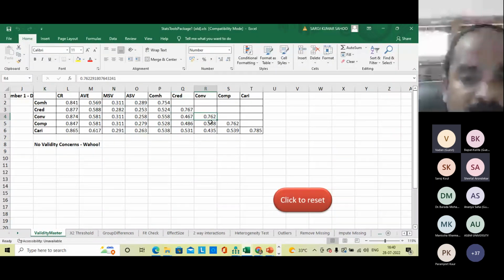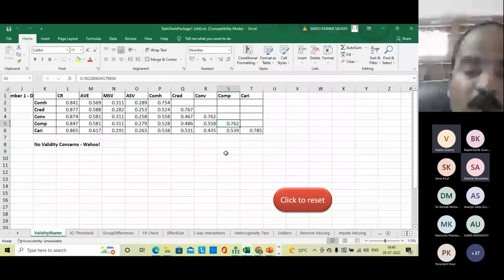Suppose it is 0.558 in this box. It is the interconstruct correlation between convenience and compatibility. So the interconstruct correlation must be lesser than the square root of AVE. Proven.